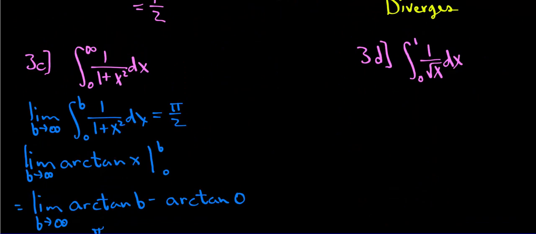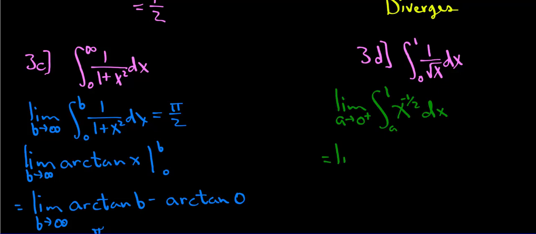Now, let's take a look at this one down here. Okay, so now we take the limit as a goes to 0 from the right. Now notice it's from the right, because if you look at this interval from a to 1, and you're approaching 0, you're going to be coming from the right. So let's see what this looks like.